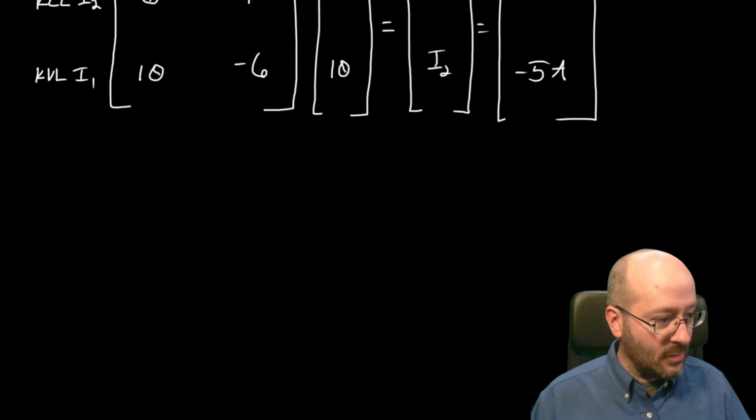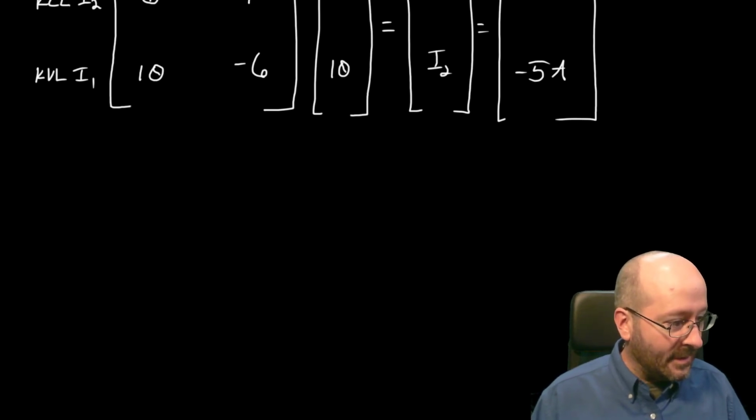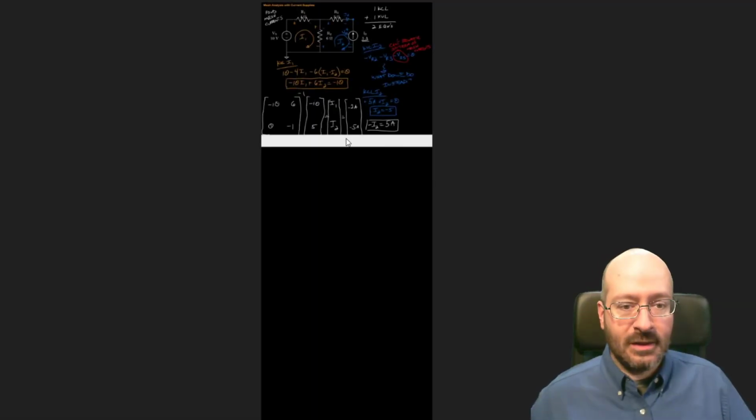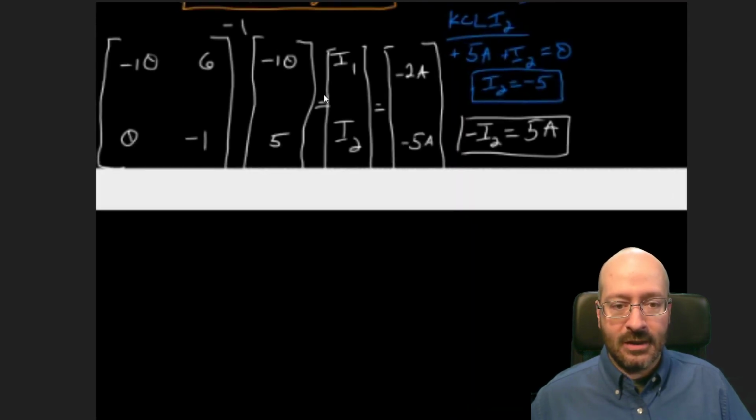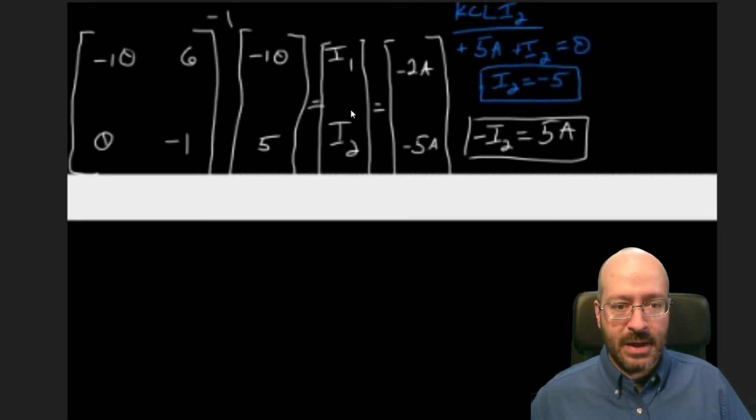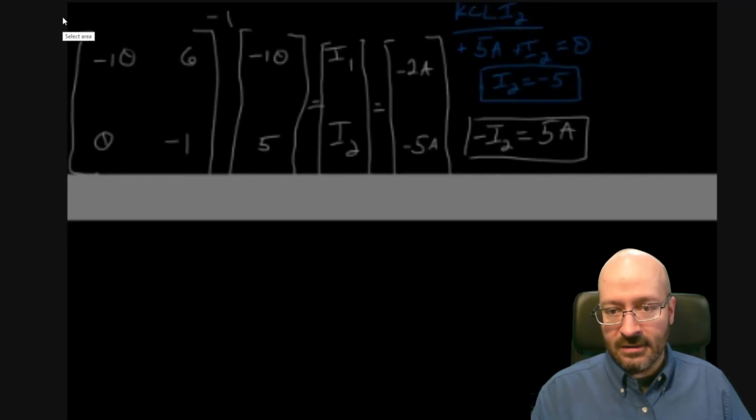Okay, I did not queue up this one. Let me go get it. Finding mesh currents with current supplies. Okay, so this one's going to look like this. Something happened to this one, but we can see, even with bad resolution, I do apologize for that, we got the same result.